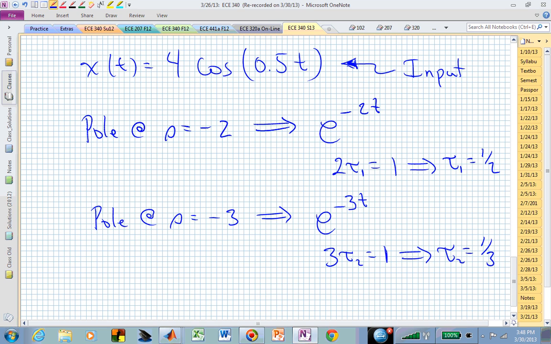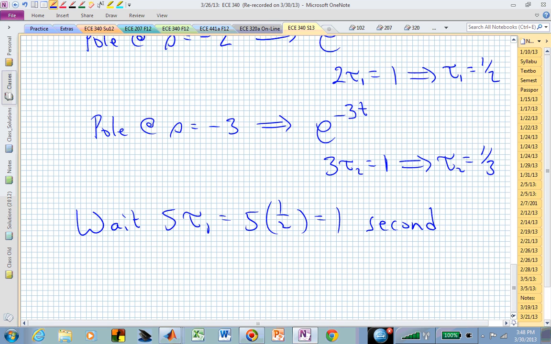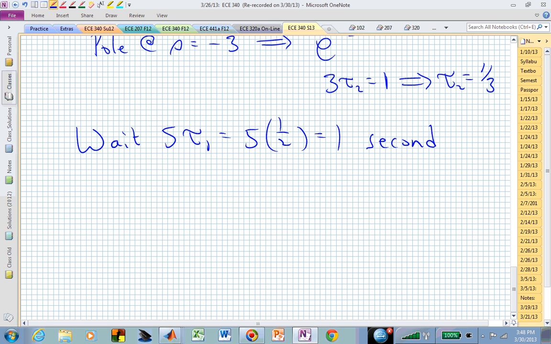In this case, if we wait tau sub 1, 5 of those, we now are waiting 1 second before we reach steady state, or sinusoidal steady state. Once we've reached sinusoidal steady state, which doesn't take very long, it takes a second, what's the behavior of that response?